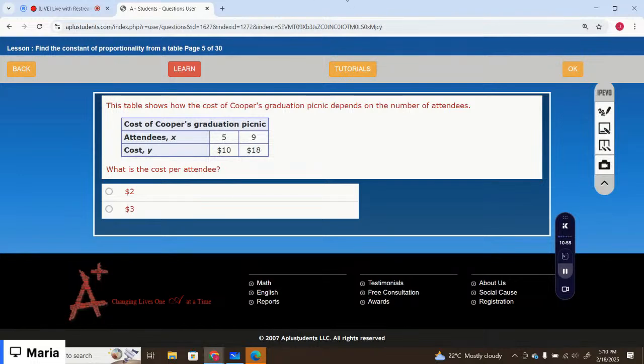This table shows how the cost of Copper's graduation picnic depends on the number of attendees. What is the cost per attendee?